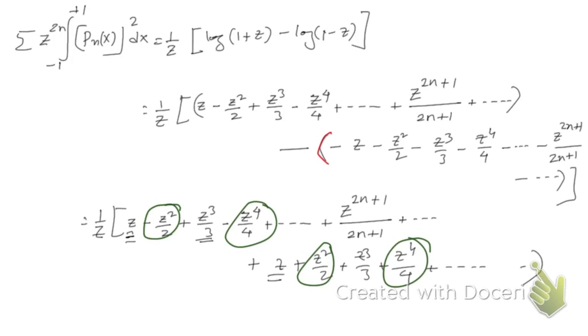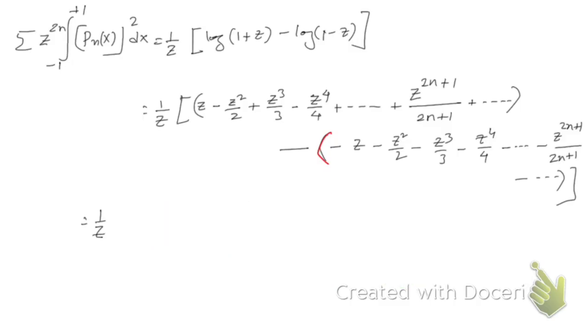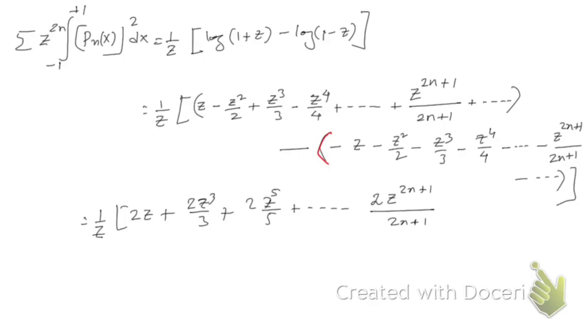That's why we're going to have 2z plus 2z cube by 3 plus 2z to the power 5 by 5 plus dot dot dot, up to 2 into z to the power twice n plus 1 by twice n plus 1. That's what we're going to have.